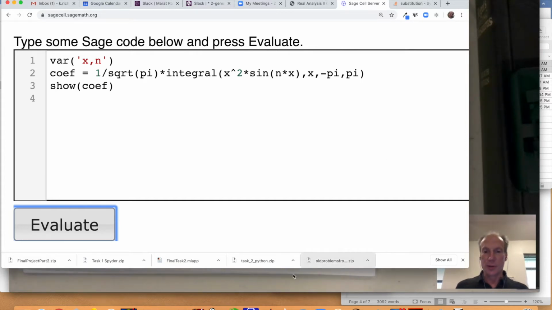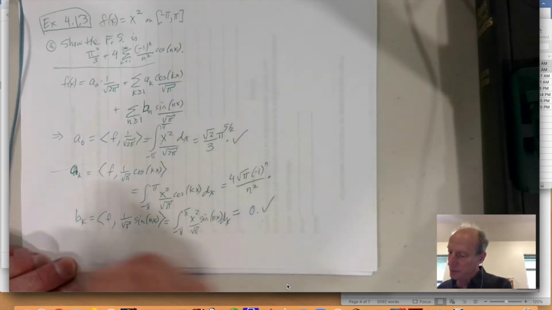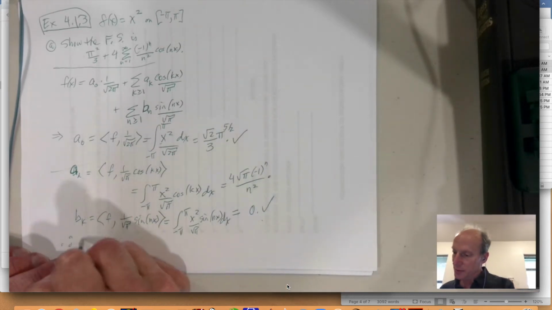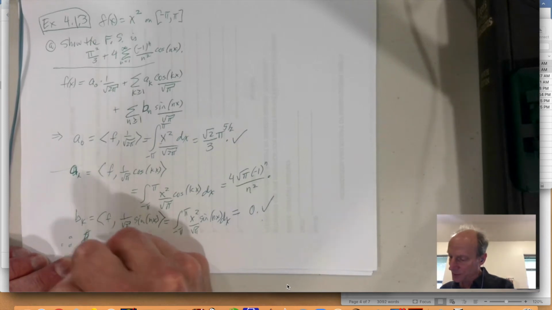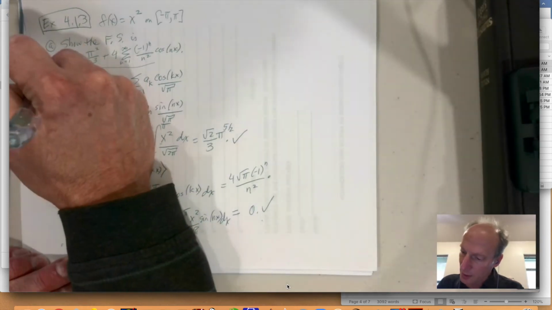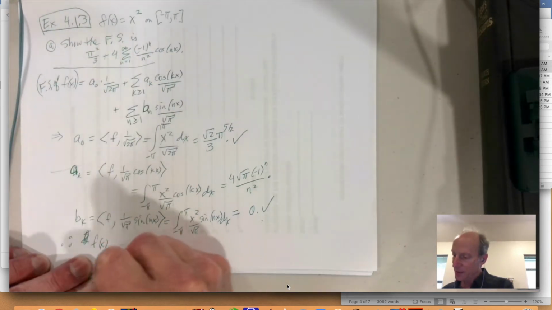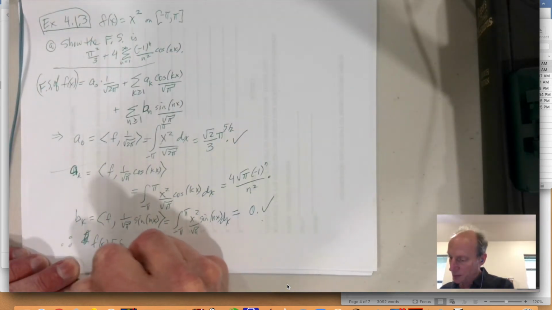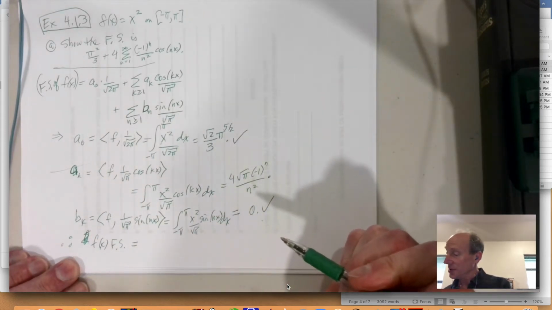Excellent. So now we can go back to our calculation again. So this is 0. So therefore, the summation of, well, the Fourier series. I actually should say Fourier series of this equals, because it's not actually equal at every point necessarily.